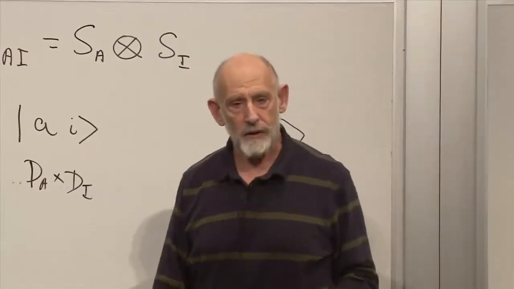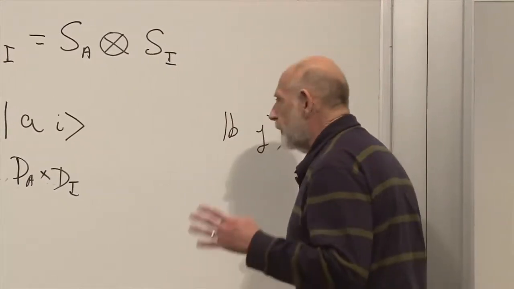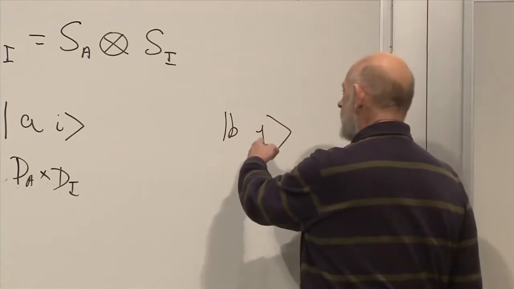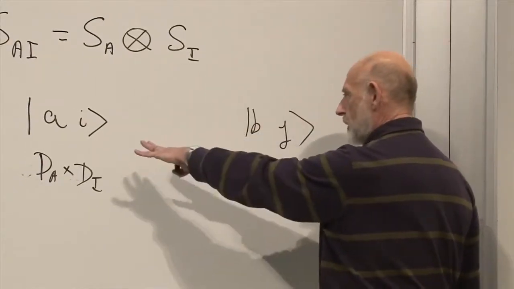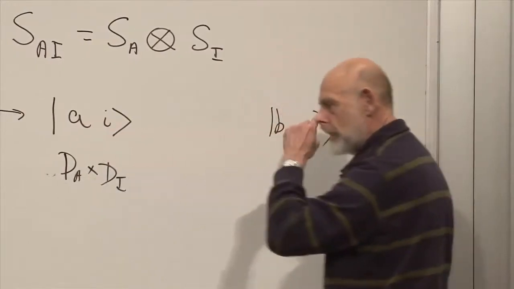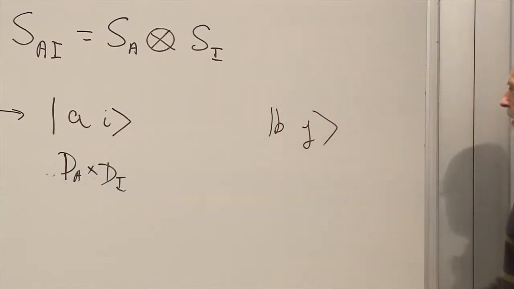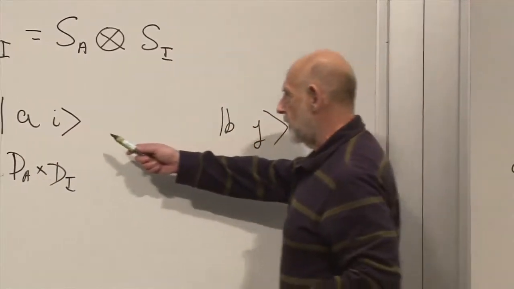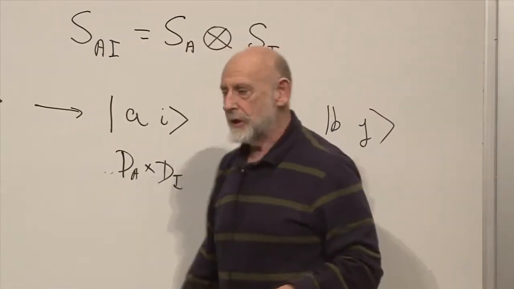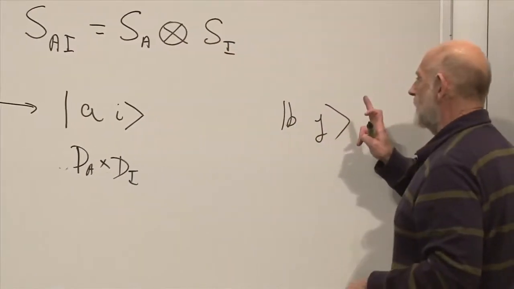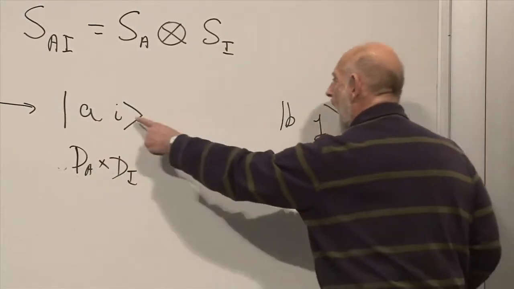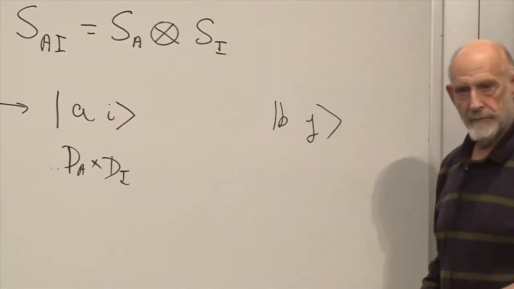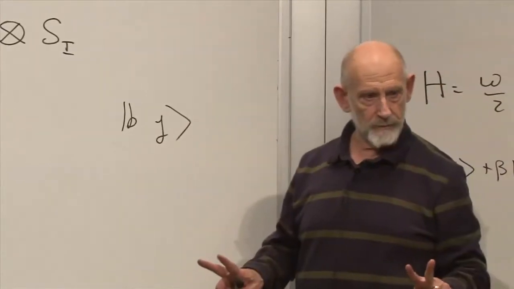What is the inner product between them? The rule for a tensor product is the inner product between this and this. Of course, we have to make a bra vector out of it in order to take its inner product. But if we made a bra vector out of this and took its inner product with this one, the rule is that the inner product is 0 unless A is equal to B and I is equal to J. In other words, unless they match.